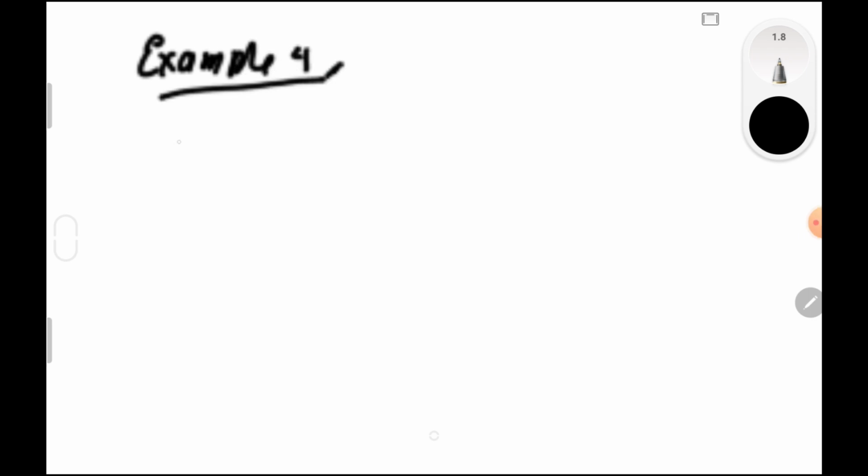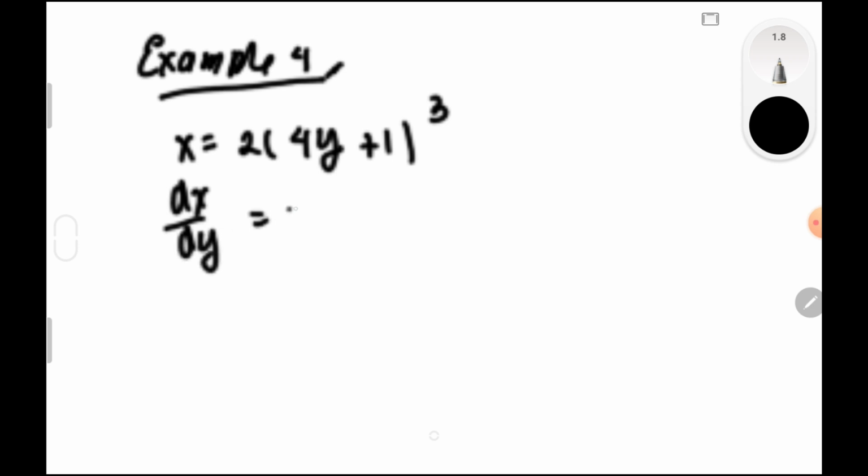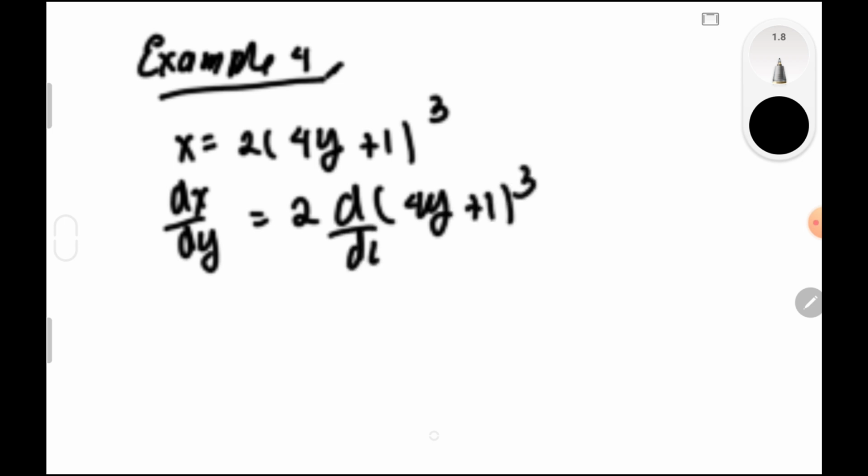Example 4. Let's have x equals 2 multiplied by 4y plus 1 raised to 3. So dx over dy is equal to 2 multiplied by the derivative of 4y plus 1 raised to 3 with respect to dy.